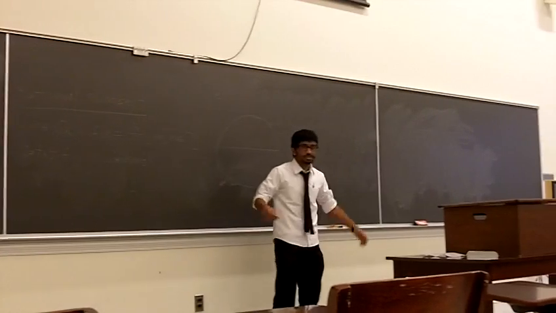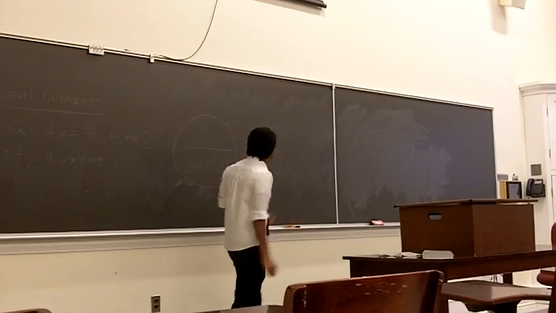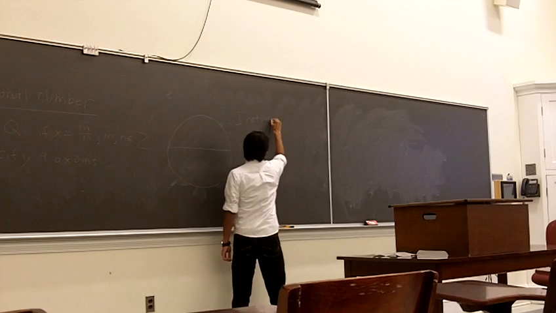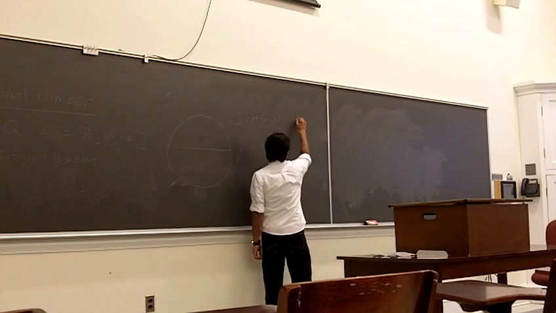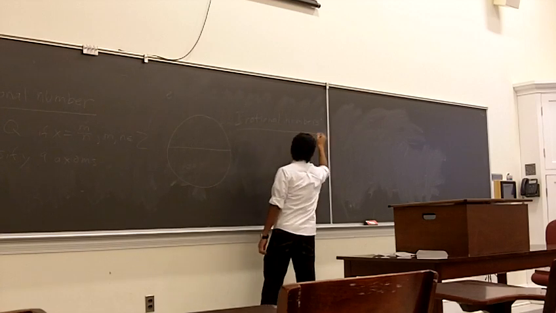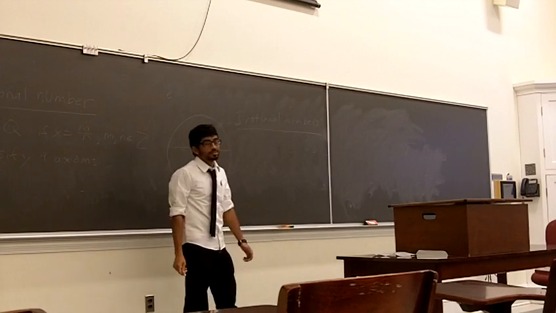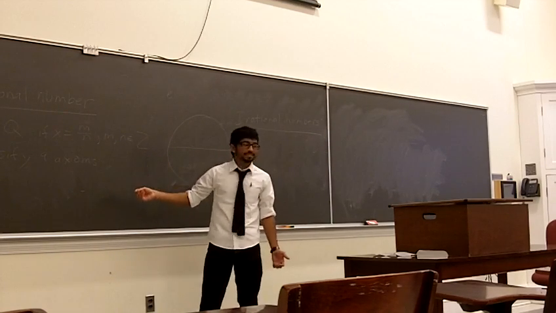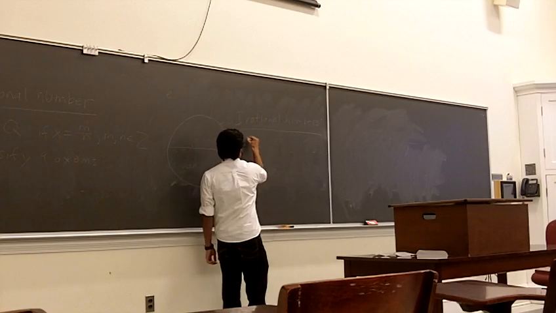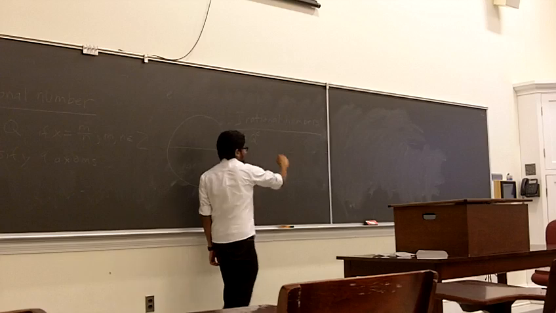So what is the definition of an irrational number? We say it is an irrational number if it simply isn't a rational number. So x is an irrational number.